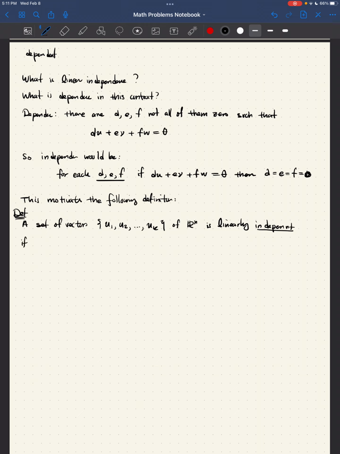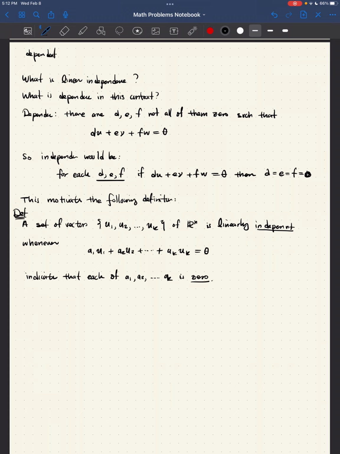whenever we observe that A1 U1 plus A2 U2 plus and so on plus AK UK being the 0 vector indicates that each of A1, A2, and AK is 0.